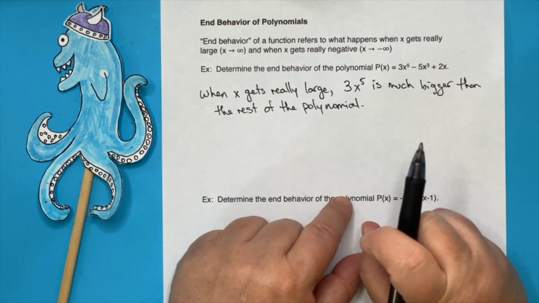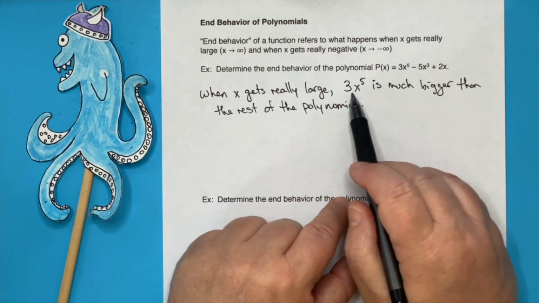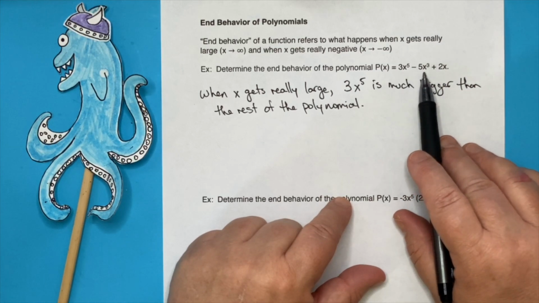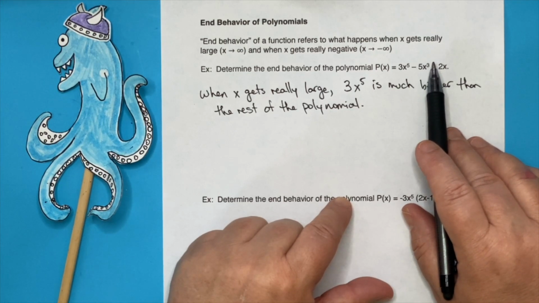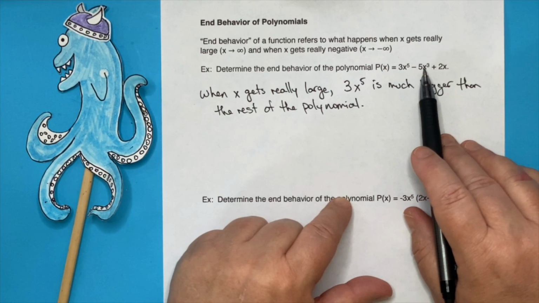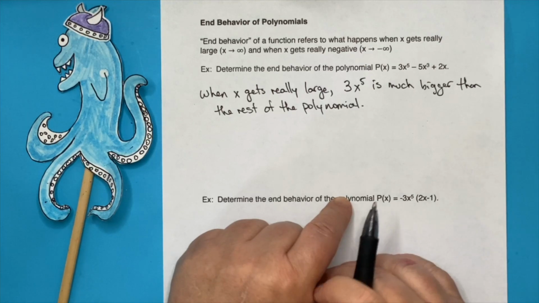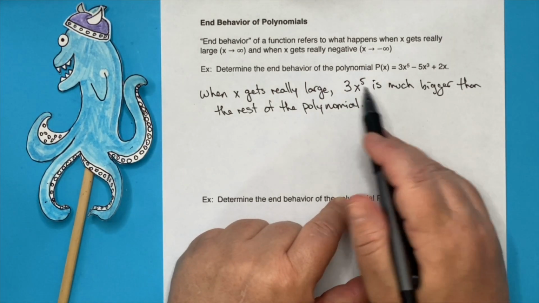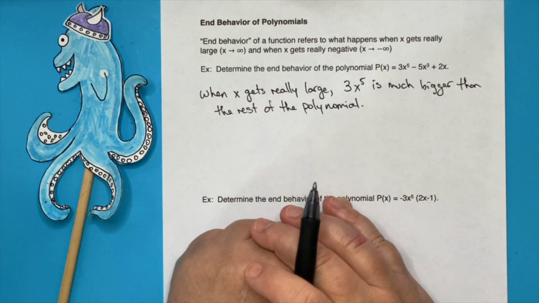So that's going to be 100,000. So this is going to be 300,000. The next term will be minus, and then x cubed, 10 cubed is 1,000. So this is going to be 300,000 minus 5,000. So if I say, I'm going to give you 300,000, but I'm going to take away 5,000, you're going to be like, okay, that's still basically 300,000. So the leading term becomes the most important term.